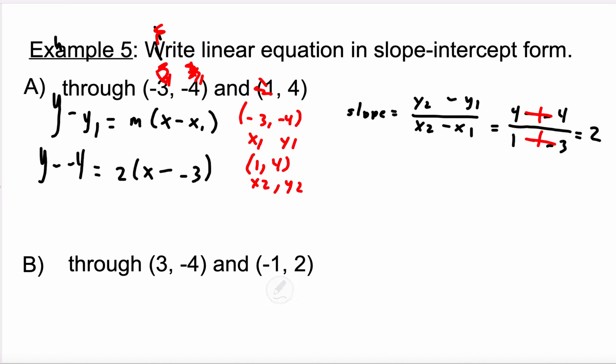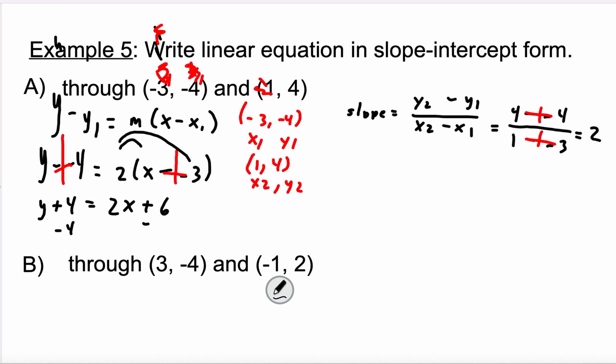I have that minus a minus going on here again, so I'm going to change that to a plus. So we get y plus 4 equals, I'm going to use my distributive property and distribute the 2 through, so I get 2x plus 6. And then the last thing I'm going to do here is bring my 4 over, so I'm going to subtract 4, and we end up here with y equals 2x plus 2.